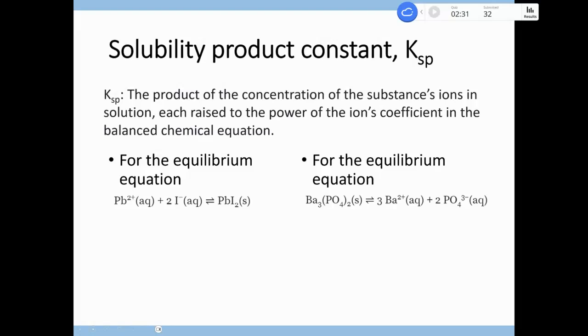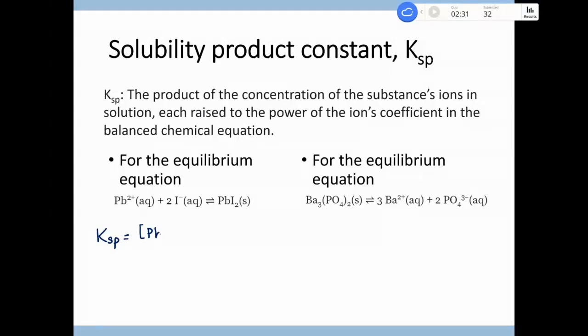So for the equation that we just looked at, we have solid on the right side, aqueous on the left side. The KSP is, we're keeping the ions in the numerator. Even though they're on the reactant side, for a solid, for KSP, ions will always be in the numerator.